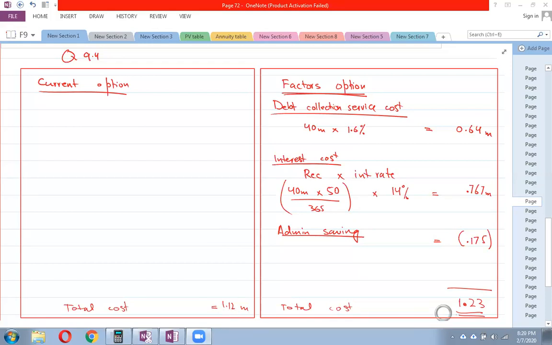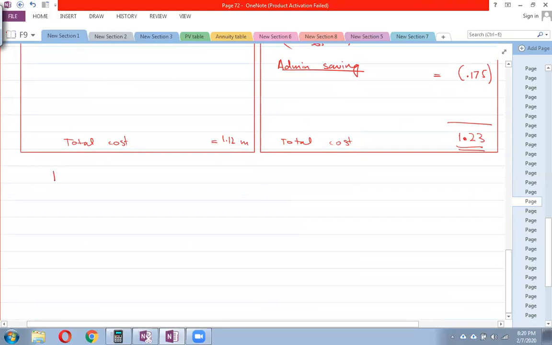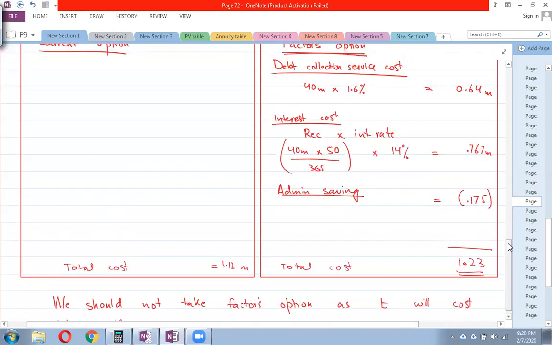The current cost is less than the cost that we're going to have with the factoring option. We should not take the factoring option as it will cost us more, right?